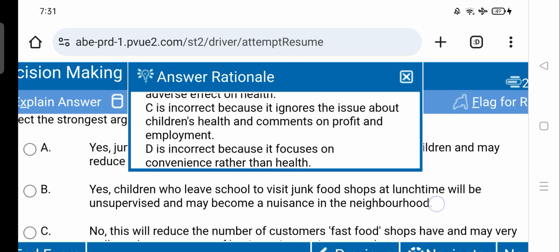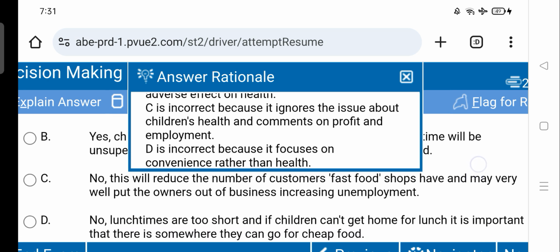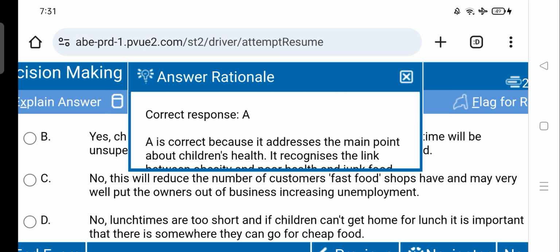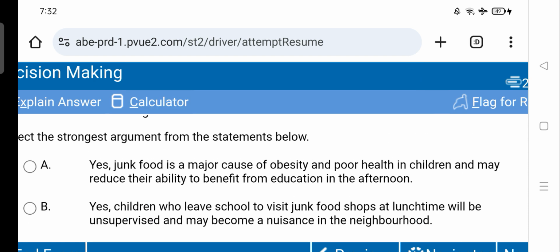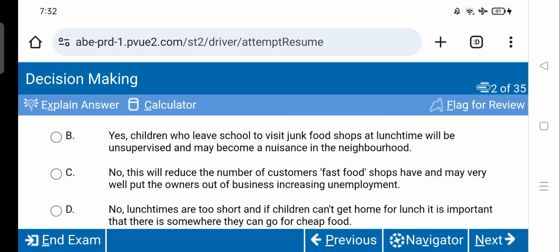C is incorrect because it ignores the issue about children's health and comments on profit and employment. Option D is incorrect because it focuses on convenience rather than health. So the correct option is option A. This is the strongest argument related to the question.